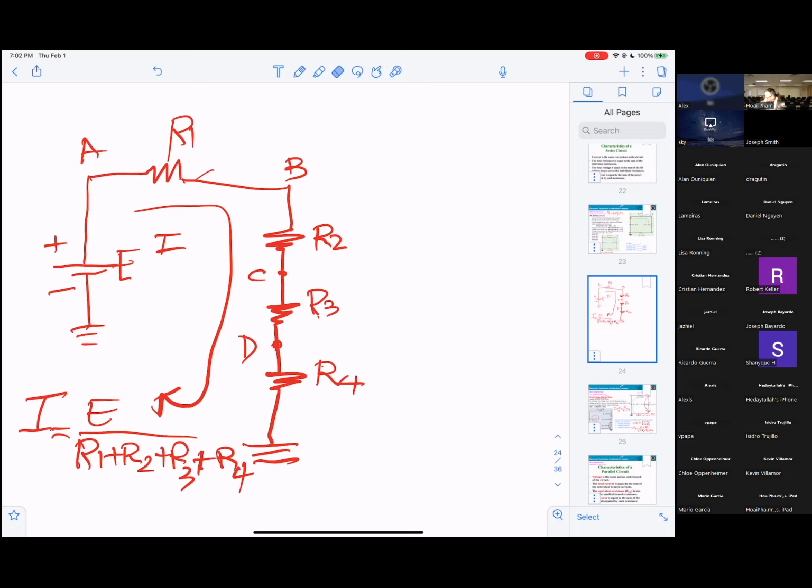So if you want to calculate VR3, in general VR3 equals I times R3. However, how can I calculate I? This is the formula to calculate I here.